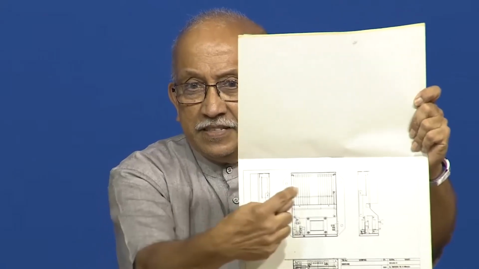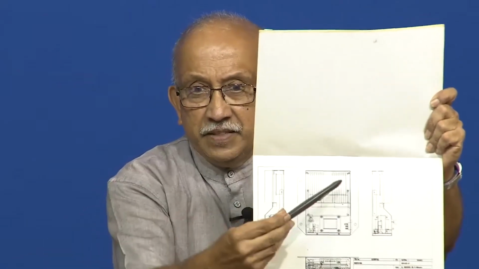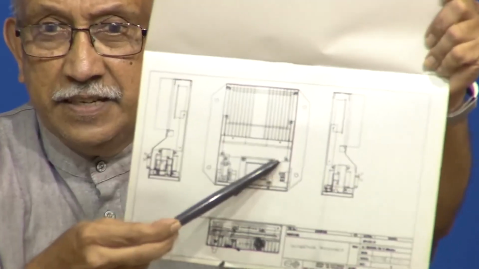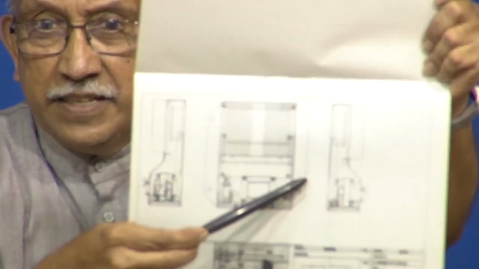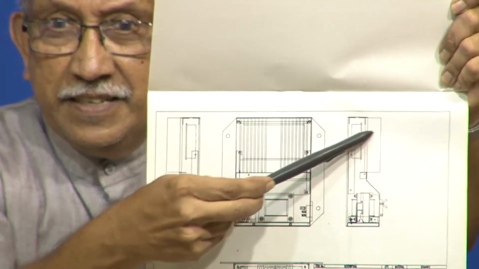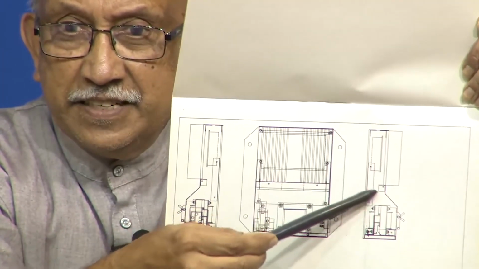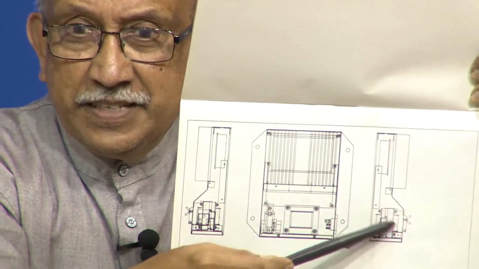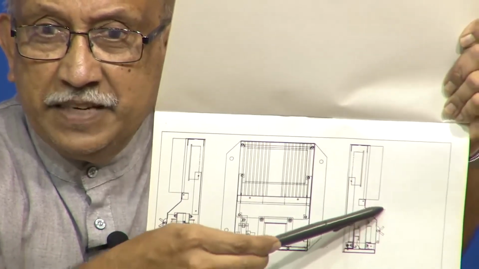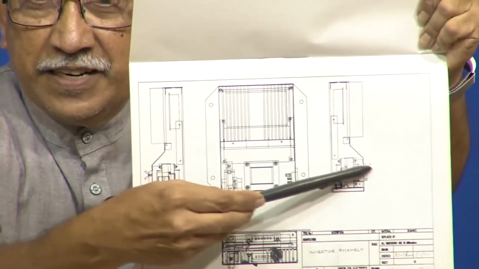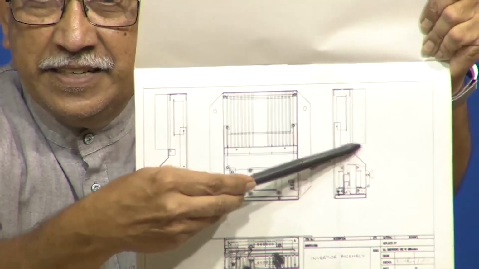Can you see here, this is the conventional way. We have the front view, then one of the side views, then the other side view. What you notice here is the projection of the fins of the heat sink. You see a small slope has been given here to make sure that any air that enters here goes up.